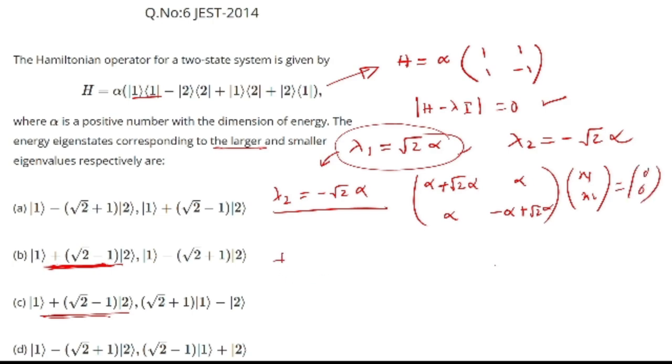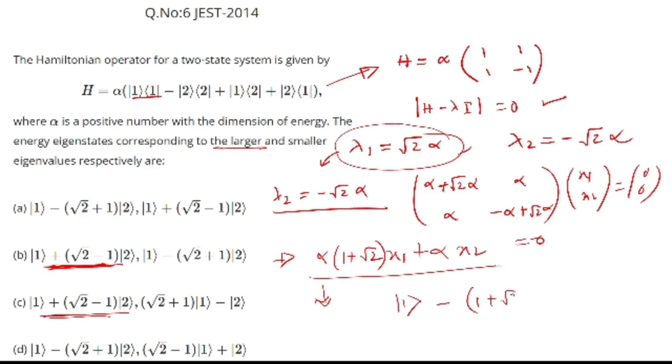So from here we can find that alpha into 1 plus root 2 times x1 plus alpha x2 equals 0. So easily we can say that x2 is minus of this, so the eigenvector will be 1, then minus 1 plus root 2.